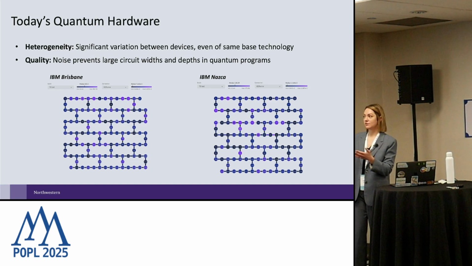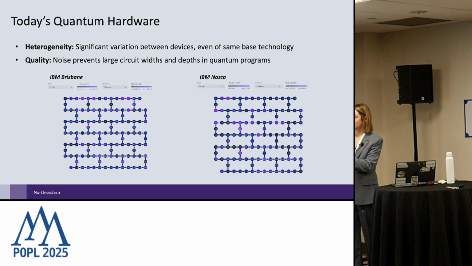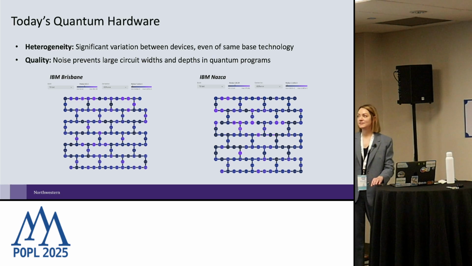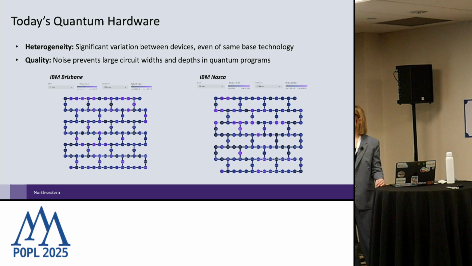But even if you're thinking about one set technology, there's still a lot of variation on just single devices. So these two IBM devices, for example, I took a little screenshot from the IBM Quantum Cloud interface. And even though at the surface level, if you looked at their topology, they look identical, they're the same processor class, but they have a very different heartbeat. You can see that their error metrics are very different, so we have a very different noise landscape going from one device to another.